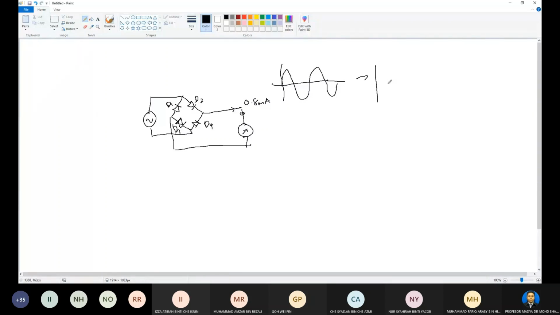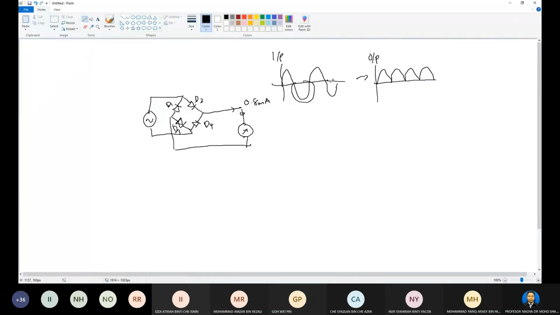For the full wave rectifier, the negative cycle will be inverted to the positive, and the positive will be maintained. So the negative will be positive. This is the input, and then this is the output of the full wave rectifier.